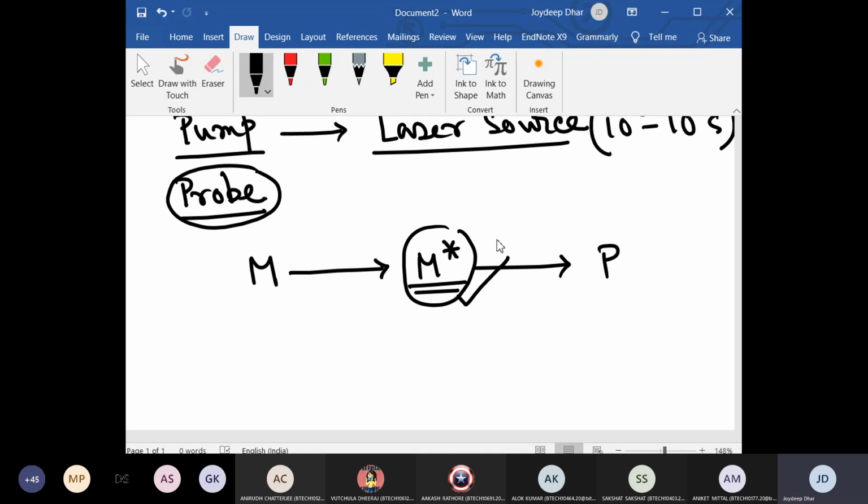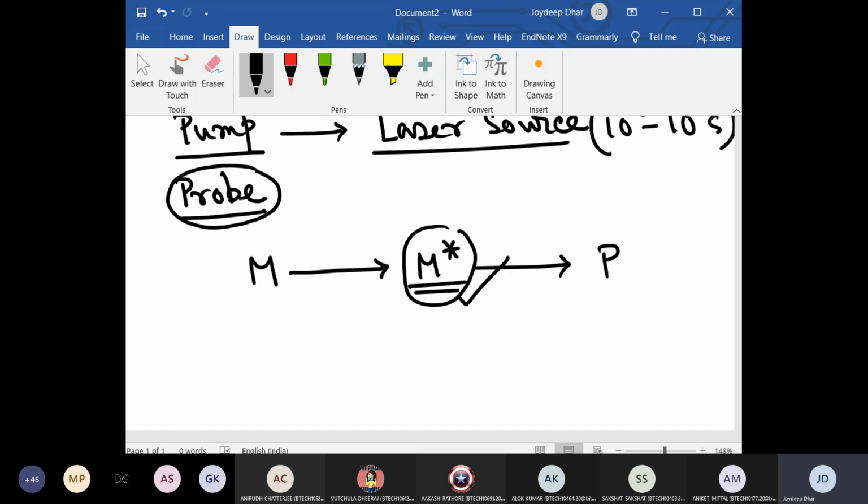You know if you vary the frequency, the energy of that electromagnetic radiation will change. So by choosing the proper probe, we can study the nature of M star. This is a big technique with huge variations.